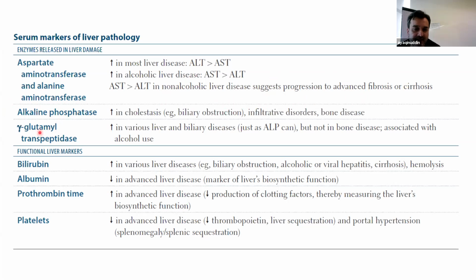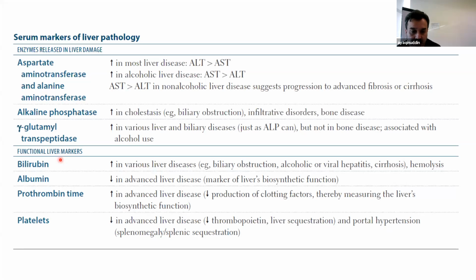Alkaline phosphatase and gamma glutamyl transpeptidase are markers for obstructive type of jaundice or cholestasis. So if there is obstruction of the biliary tree, you would find alkaline phosphatase and gamma glutamyl transpeptidase go up. Bilirubin tells you whether it is conjugated or unconjugated, which helps differentiate between obstructive causes or hemolysis.